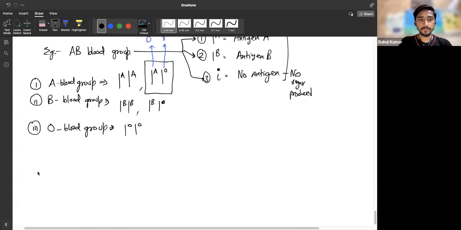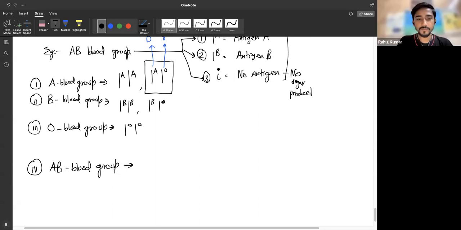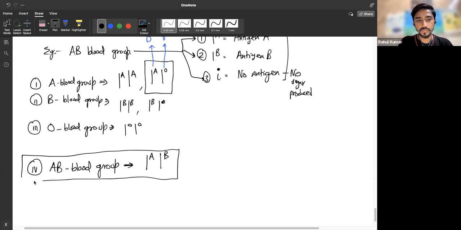But codominance comes in this fourth special condition, which is called the AB blood group. Have you heard of this blood group? Anyone AB here? Your brother is AB, perfect. So let's study your brother's blood group. The reason: he received one A allele from one of your parents and B from another parent, and this particular blood group shows the codominance effect.